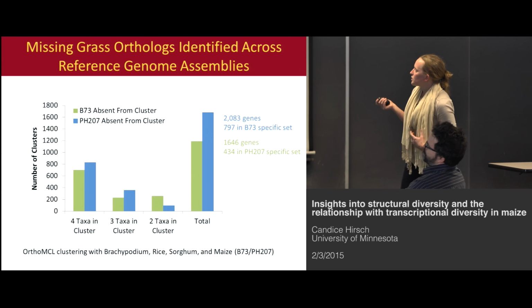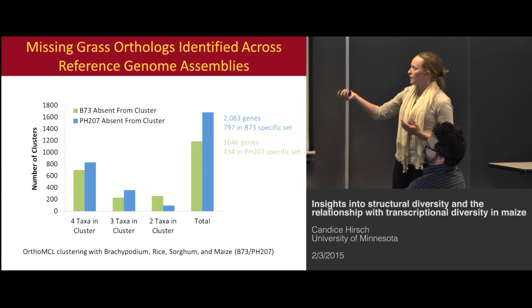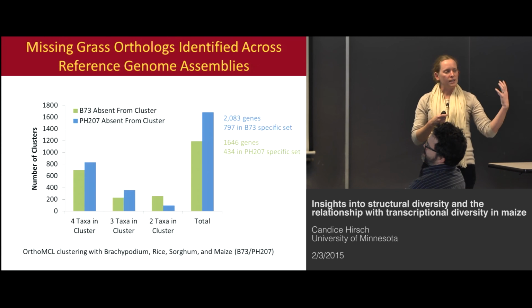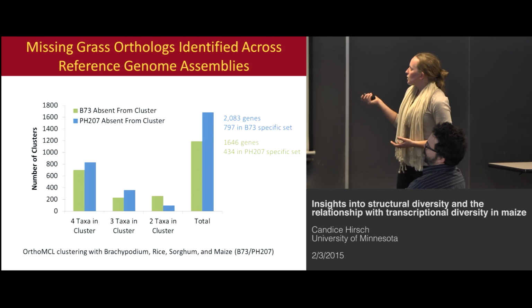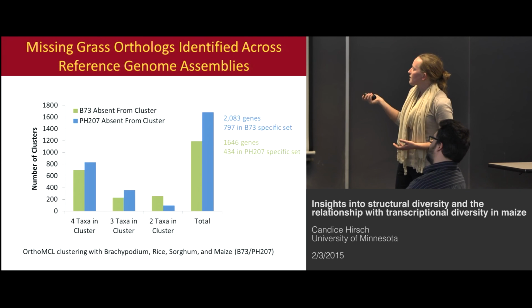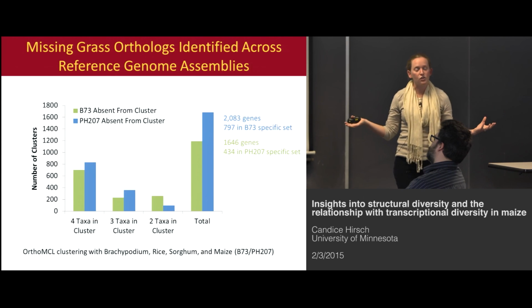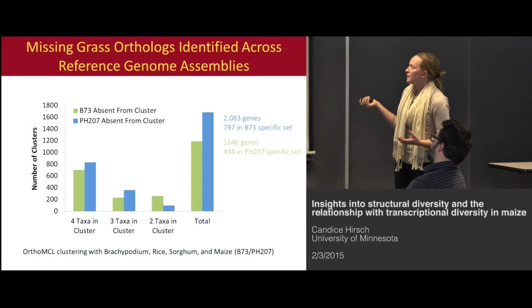And all I'm showing you here is clusters where there was maize in the cluster, but the cluster only contained B73 or PH207, okay? So in total, we have thousands of genes that we would say were lost in maize relative to these other grasses if we only looked at a single reference. But it turns out that they're actually there.